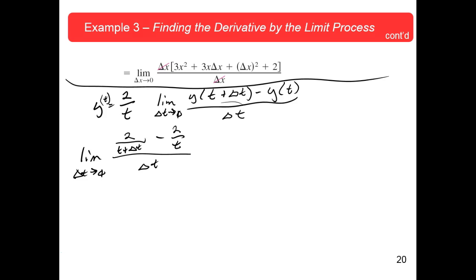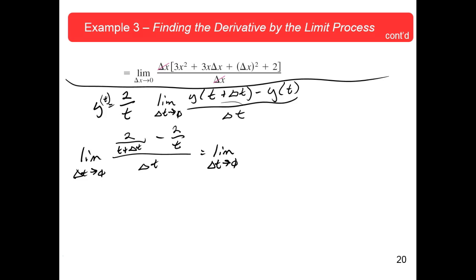Now, Teresa, is this looking familiar? Yeah. What would you do with that numerator? You're subtracting two fractional forms.